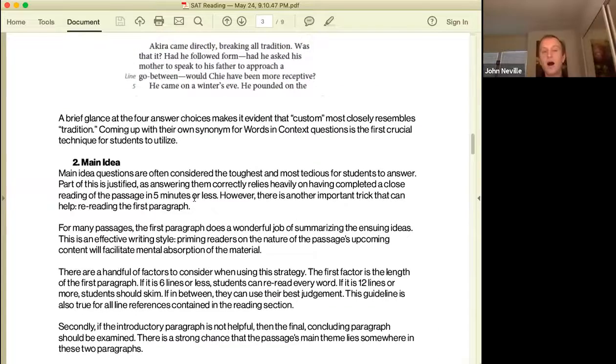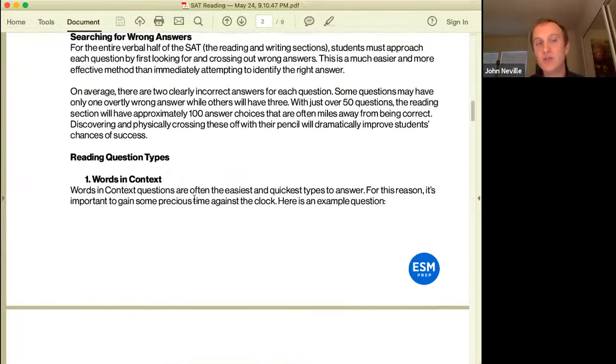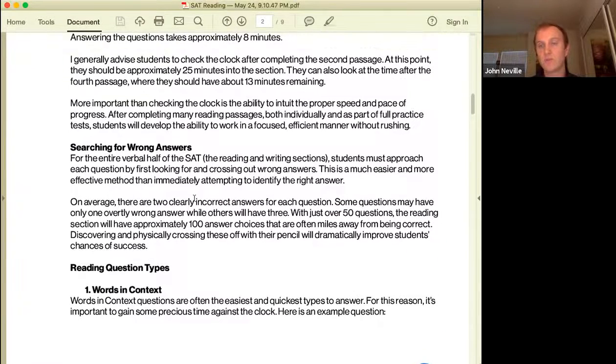I just wanted to come back to the importance of crossing off wrong answers for one more reason, which is on average, there are approximately 2 answers per question that are just very far off. Now you have over 50 questions in the reading section.